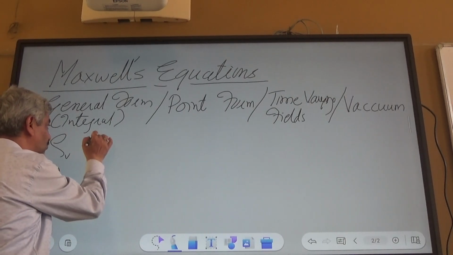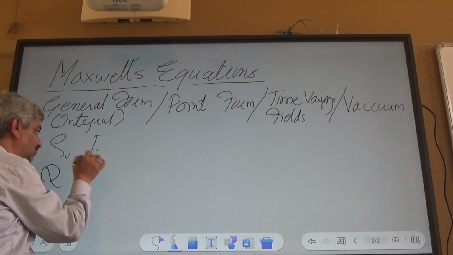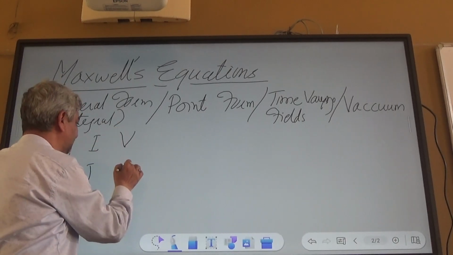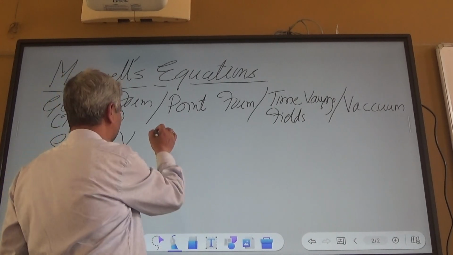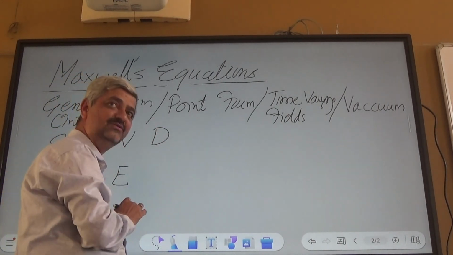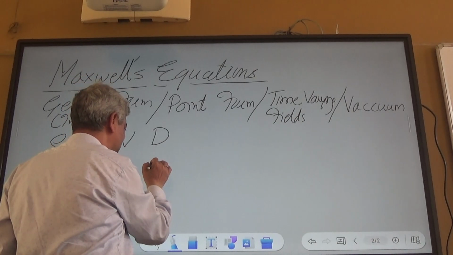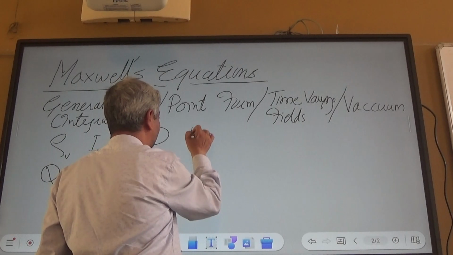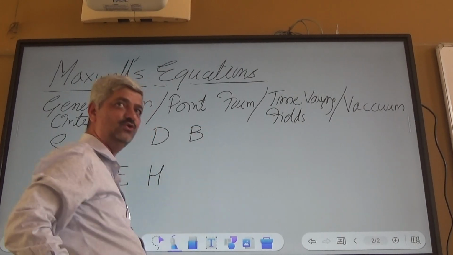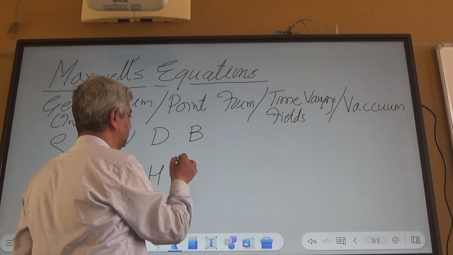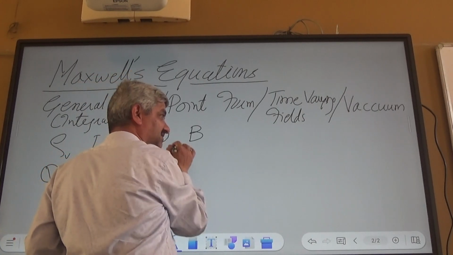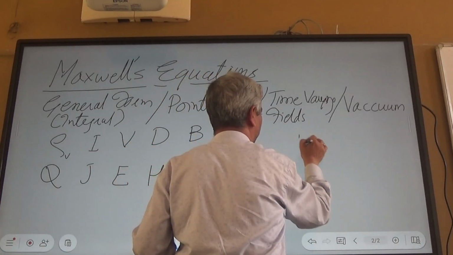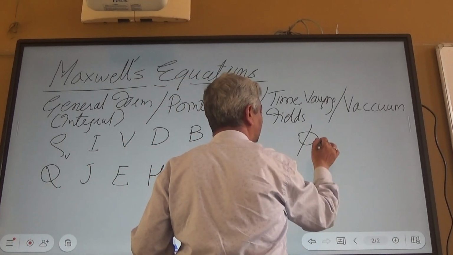Then I is known, Z is known, voltage V is known, electric field E is known, electric flux density D is known, magnetic field H is known, magnetic flux density B is known, then electric flux and magnetic flux we use as phi and psi.